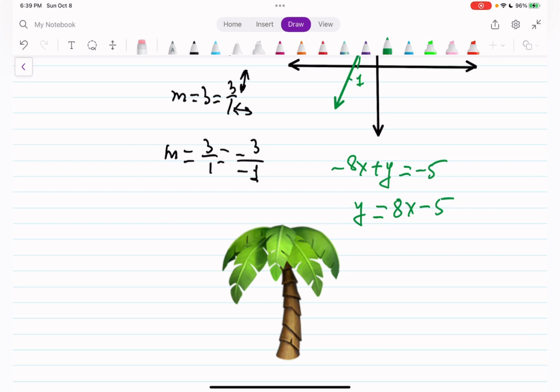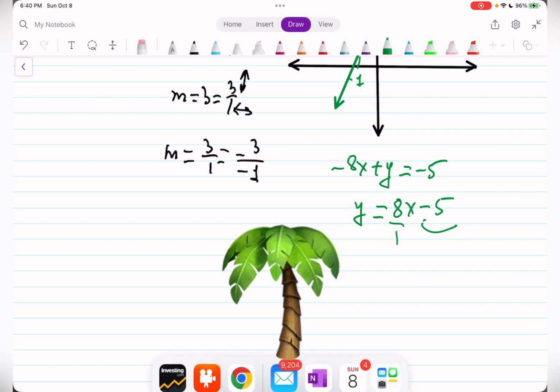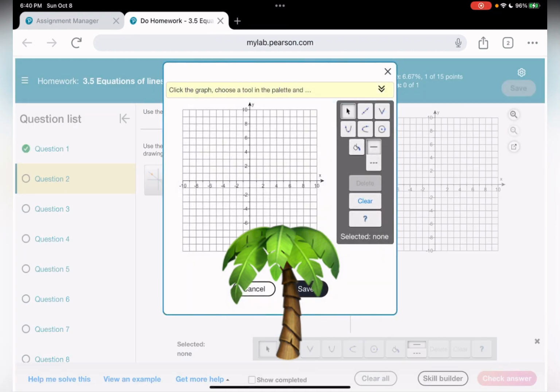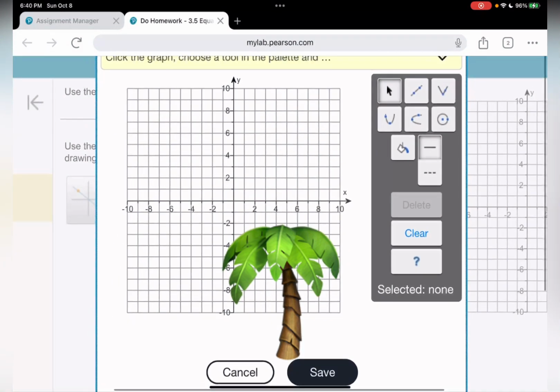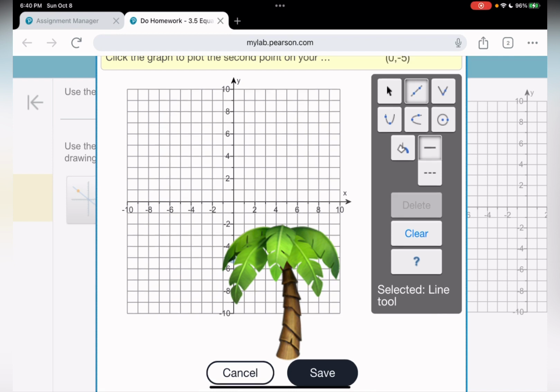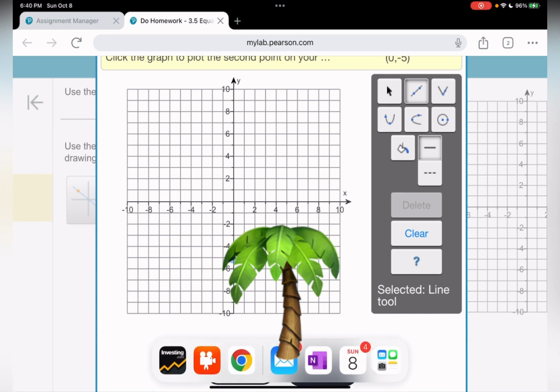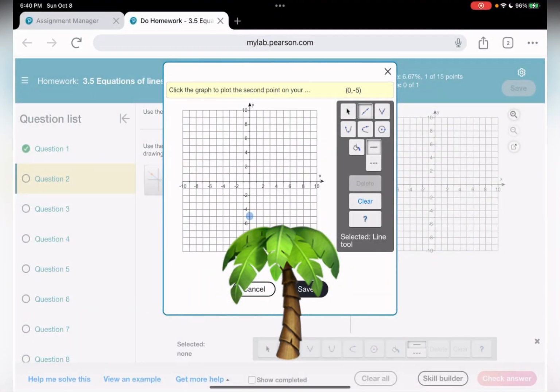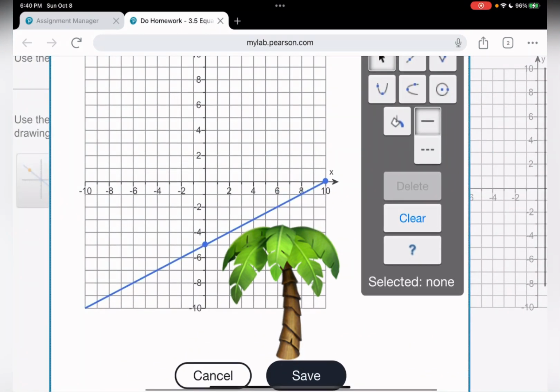So I will start drawing with negative 5 on the y-axis, and then slope 8 over 1. Let's see what we are going to do. Negative 5 here, and then it was 8 over 1, right? Yes, 8 over 1. So I'm going to go up 8.